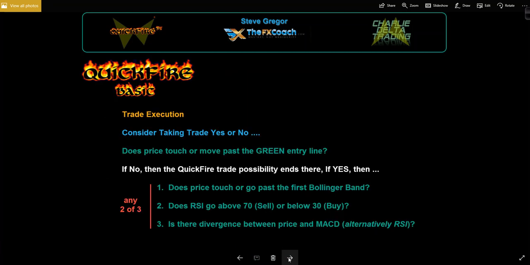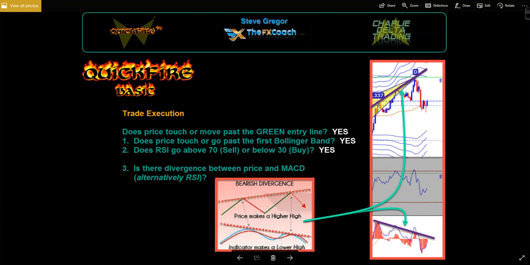And then we go ahead and say, well, if that's the setup, here's the criteria. And the third one is, is there divergence between price and MACD? And then we go ahead and show, in terms of MACD, the divergence that we're talking about and what that looked like. Okay.